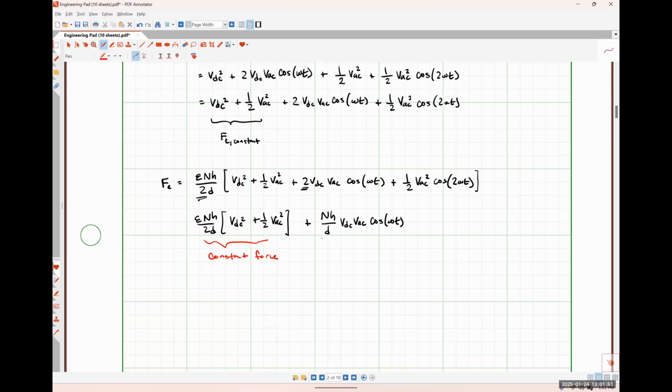And so we've got an oscillating force, so an AC force at 1 omega. And then we potentially also have epsilon NH over 4D multiplied by VAC squared cosine twice omega t. And this is an AC force oscillating at twice our excitation frequency.